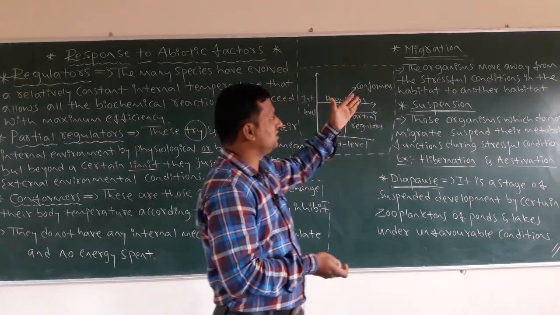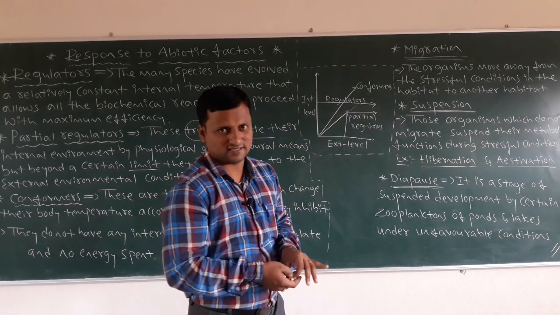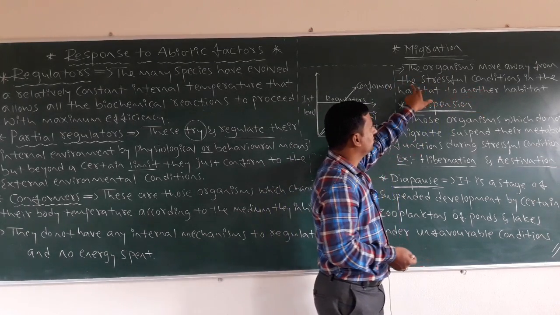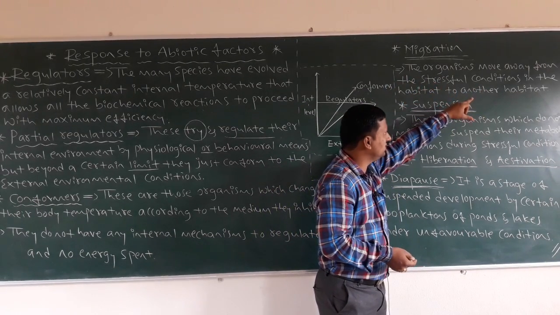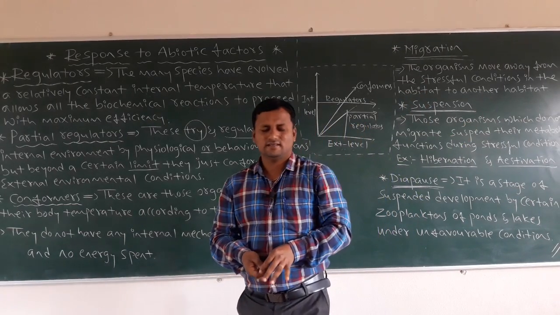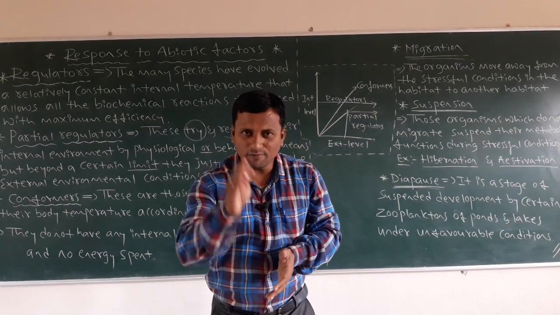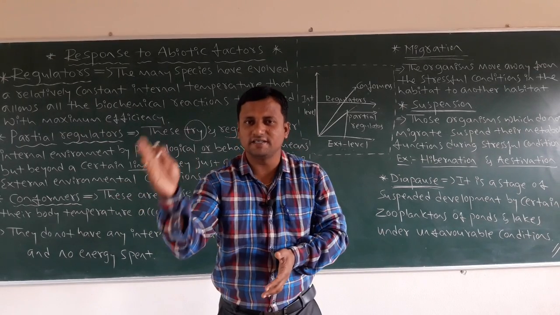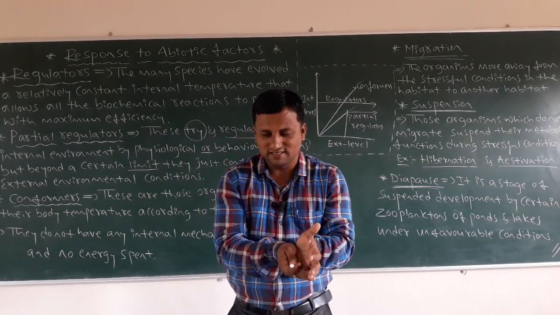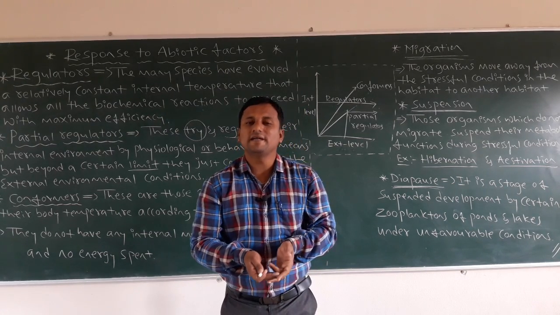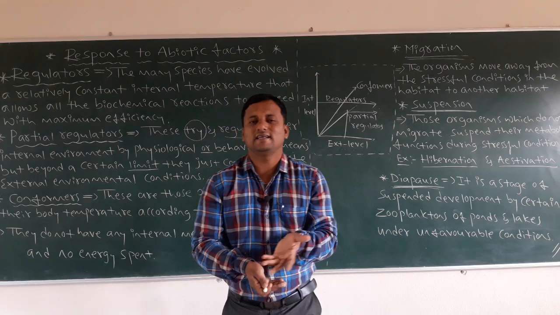Let us see the meaning of migration. Simply, organisms move away from the stressful conditions in the habitat to another habitat. The movement of organisms from one place to another, from one habitat to another, due to food conditions, water conditions, climatic conditions or shelter conditions.